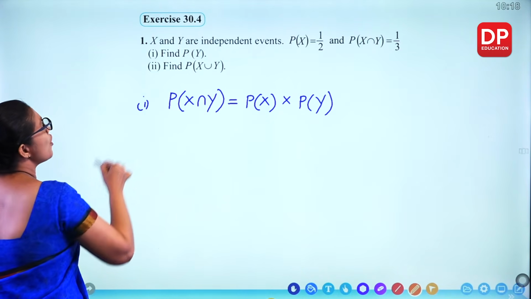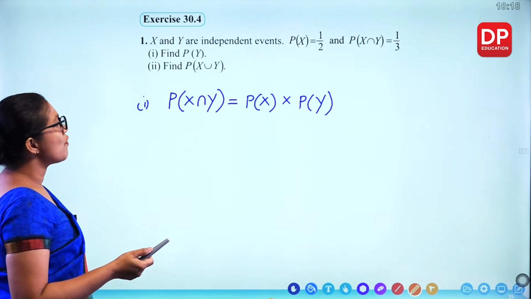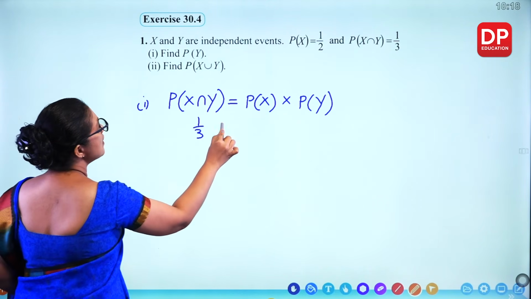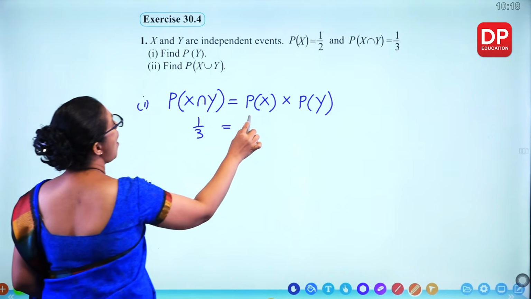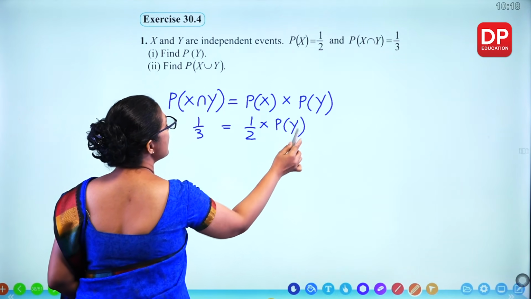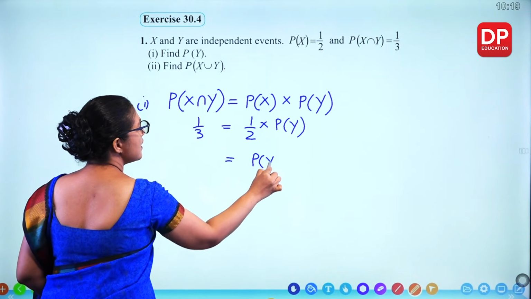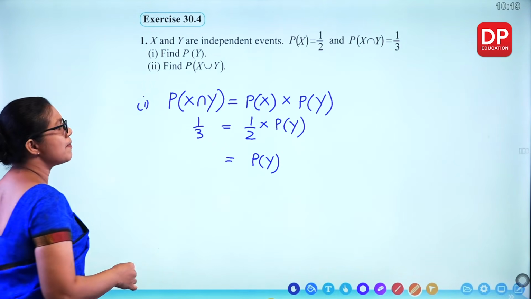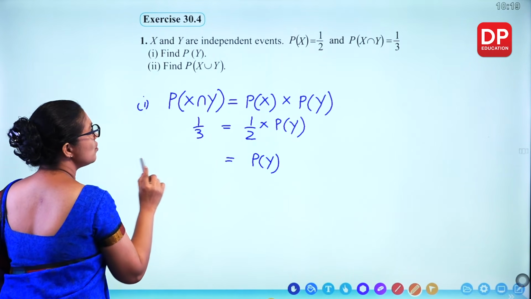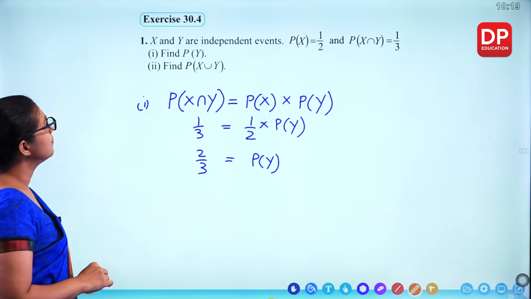If you want P(Y), you can make P(Y) the subject of the formula. Intersection is 1/3, P(X) is half, and you want to find P(Y). To get P(Y), I need to multiply by 2. When I multiply both sides by 2, I get 2/3 as P(Y).